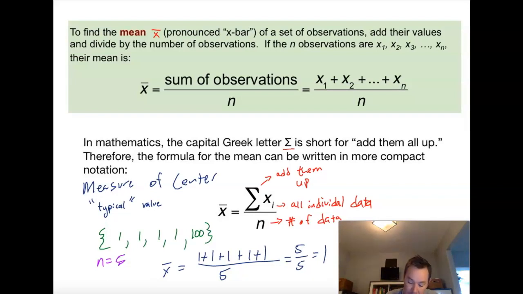So now it's going to be 1 plus 1 plus 1 plus 1 plus 100, which is actually going to come out to 104 divided by 5, which changes the mean completely. 104 divided by 5 is 20.8. So the mean is not a resistant measure of center.